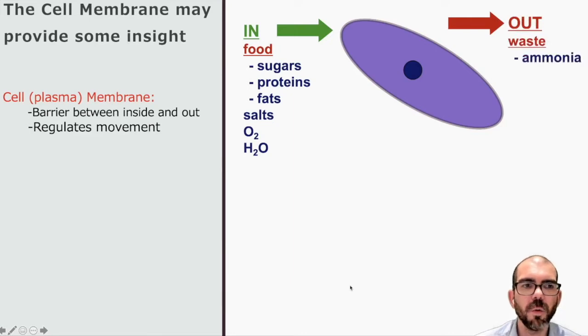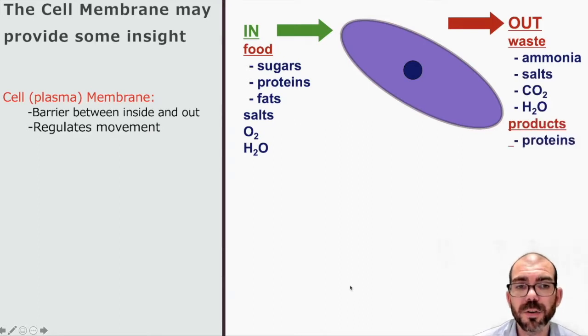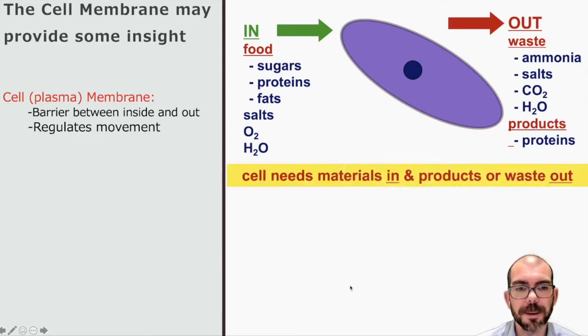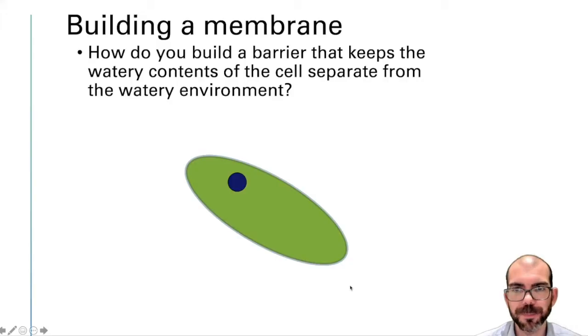It needs to get rid of waste like ammonia, salts, carbon dioxide, water, and any products it produces, such as proteins, to ship to other cells or other vessels in the body. Big picture here: the cell needs that membrane to regulate what materials go in and what products or waste go out.